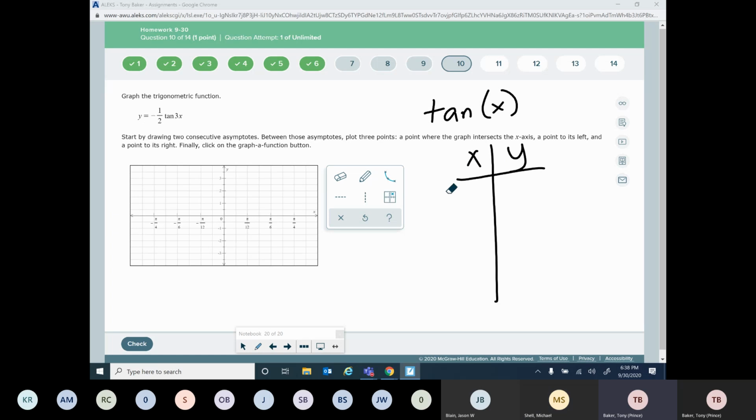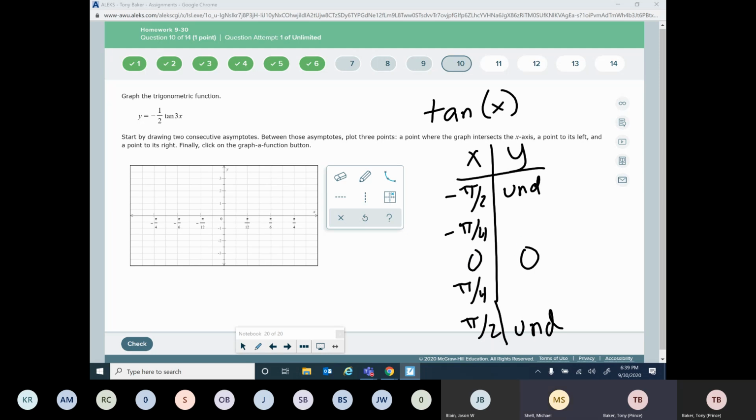We're going to do negative pi over 2, negative pi over 4, 0, pi over 4, and then pi over 2. Because these 2 points right there are going to be your undefined values.